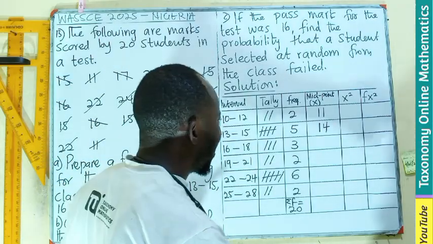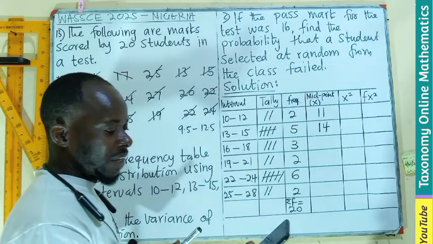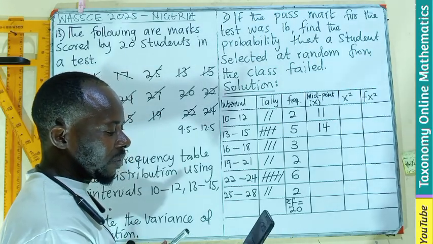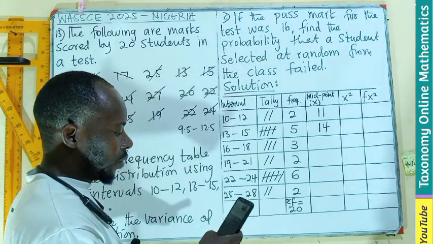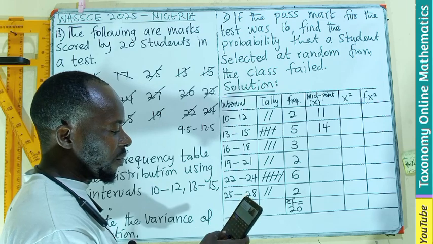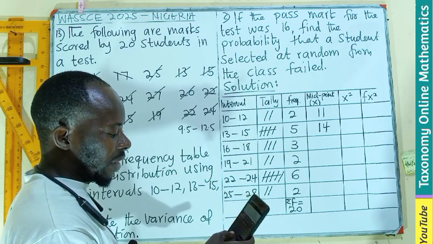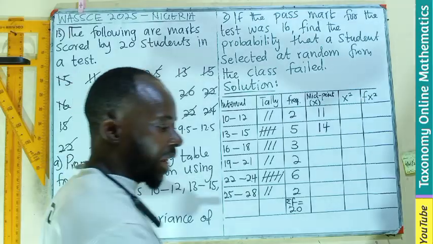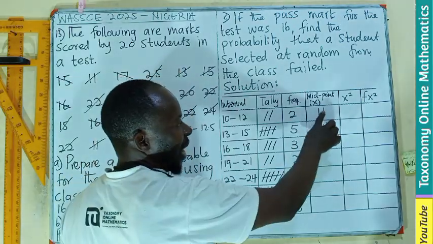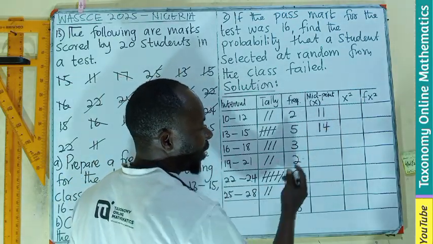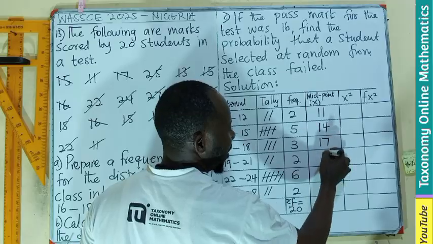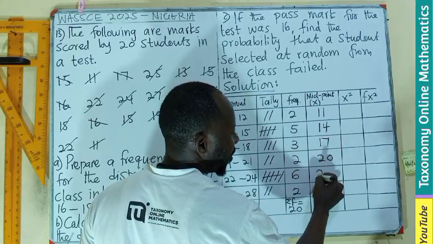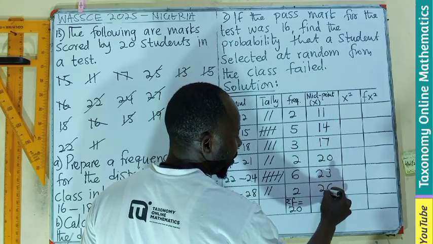The difference between them is 12.5 minus 9.5, which gives 3, so the class size is 3. We can add 3 to this and get 14, then 17, 20, 23, 26.